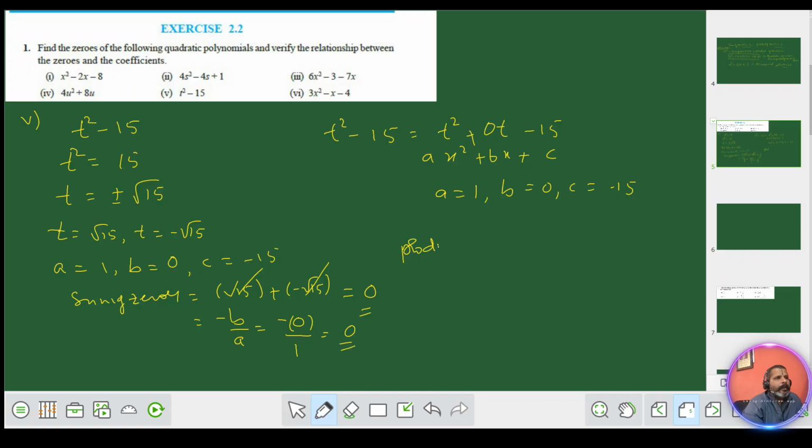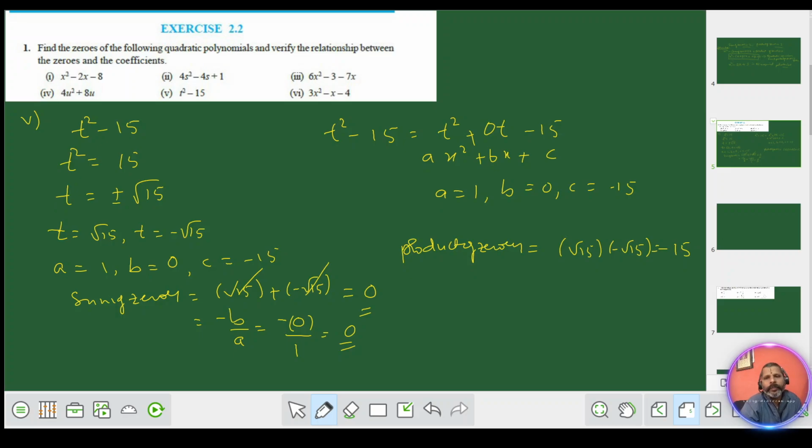Similarly, product of zeros. What are the zeros we found? Root 15 and minus root 15, that becomes minus root 15 into root 15, which is root 15 whole square. Square and square root cancel. We get 15 only.